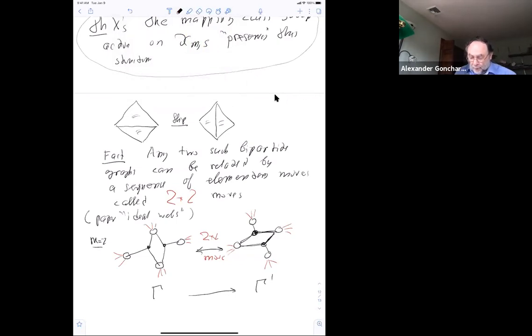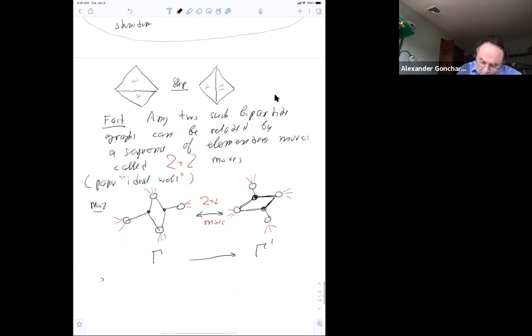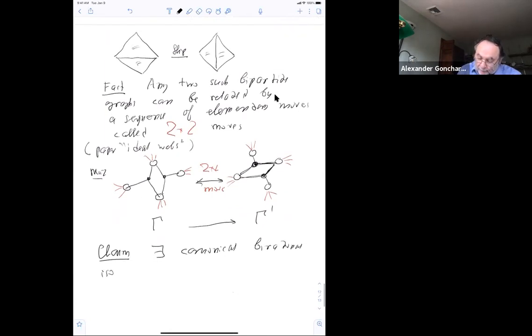The claim is that there exists a canonical birational isomorphism between one-dimensional local systems on one graph, non-commutative local systems, and one-dimensional local systems on the other graph. This is a birational isomorphism, and it's defined just by drawing a picture.